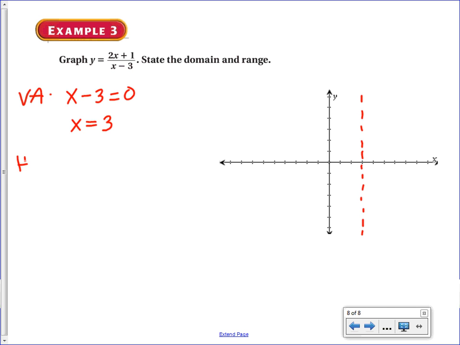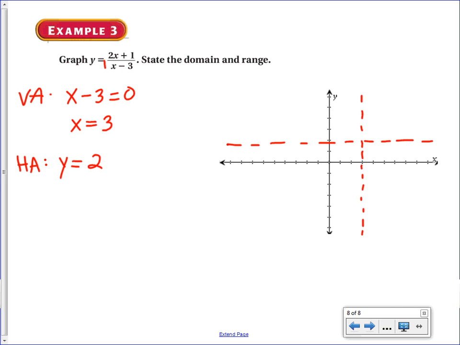My horizontal asymptote, because I have x on top and bottom, no exponents yet, will be located at y equals the top coefficient, which is 2, divided by the bottom coefficient, which is just a 1. There's a 1 in front of this x. So y equals positive 2 is going to be my horizontal asymptote.